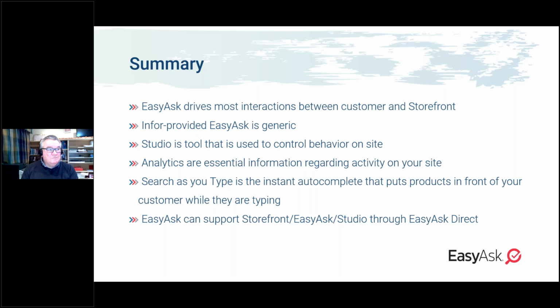One of the problems is that the info provided by EasyAsk is generic, and generic's great in that it means it will work to an extent with every Storefront customer. However, the downside is it's not going to work as well for every customer, and that's where having Studio to be able to control that behavior gives you the advantage.